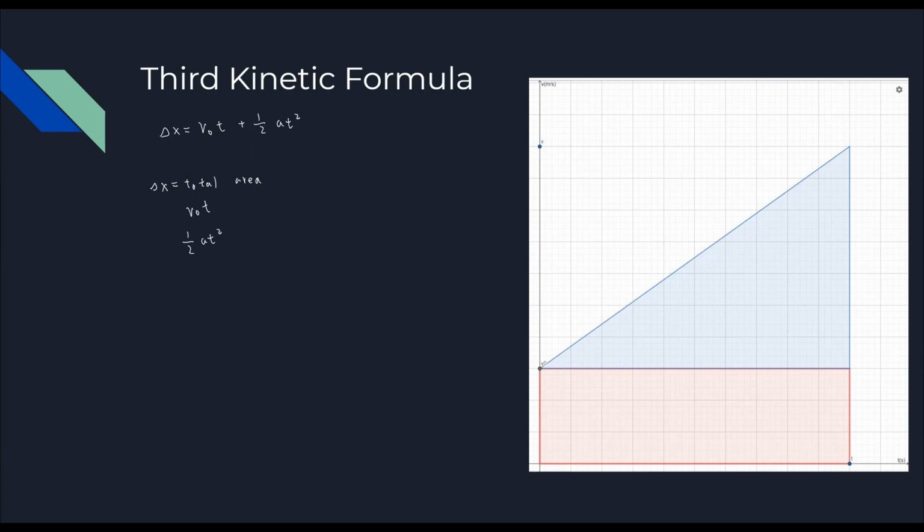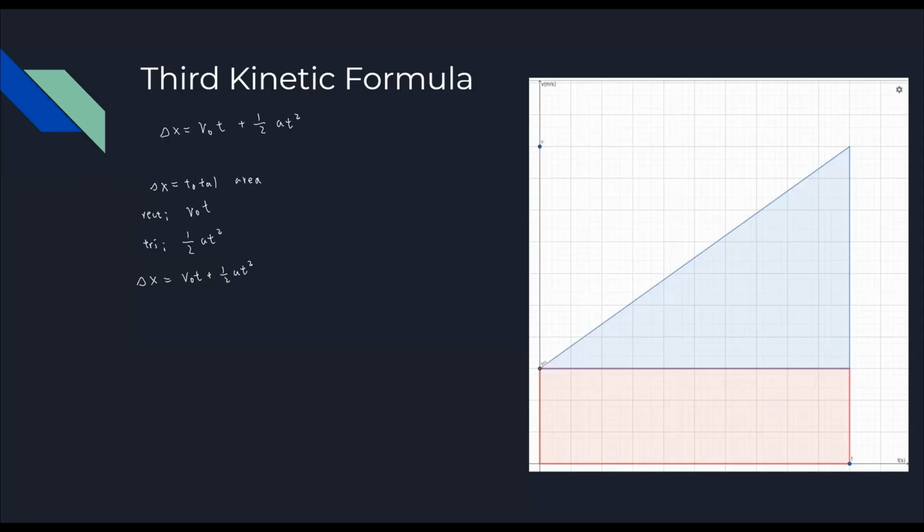It's rather simple for this derivation because from the previous one we already know what a lot of these are. So this is the triangle and this is the rectangle. Putting them together, delta x, which is the total area, is v0 times t plus half of acceleration times time squared. So now we know what the total area is right here.